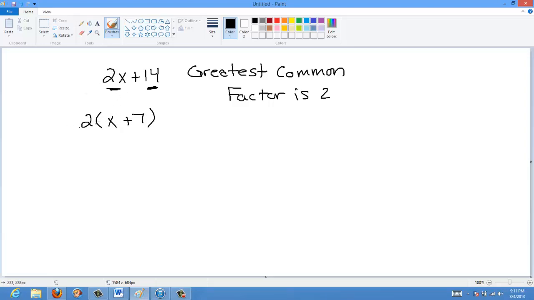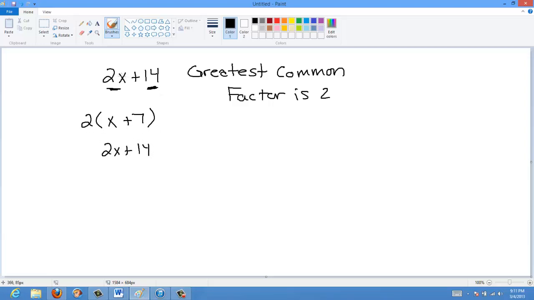Okay, so as you recall from the previous videos, which I hope you've watched, there is something called the distributive property. And the distributive property of multiplication means that when you multiply something in brackets, everything within the brackets has to also be multiplied by that. So if you multiply this back, we'd have 2 times x, which is just 2x, and 2 times 7, which is 14.